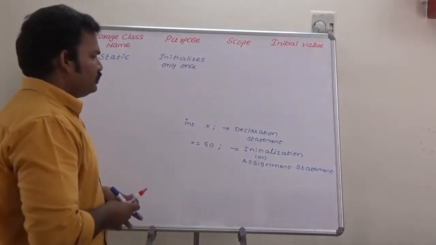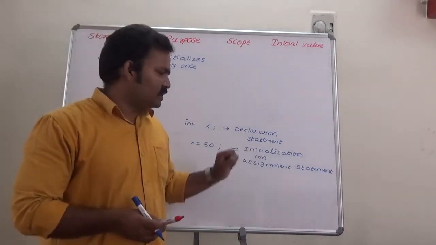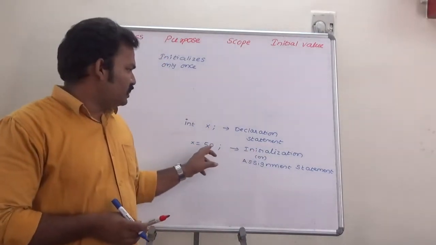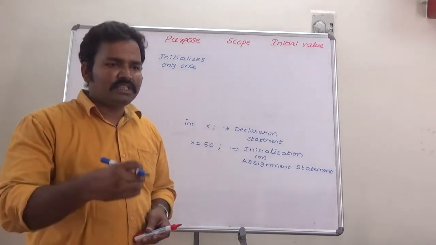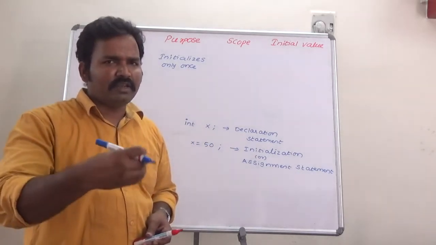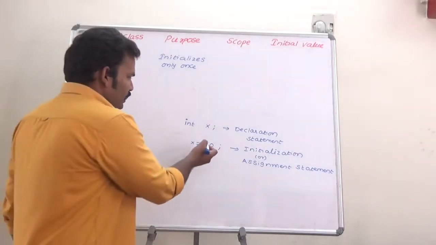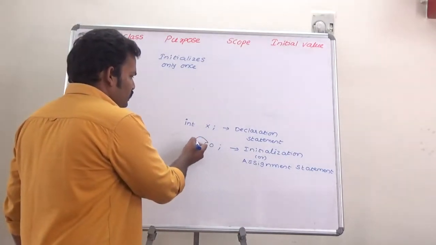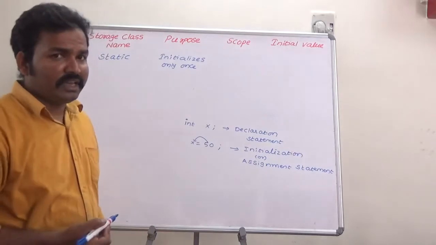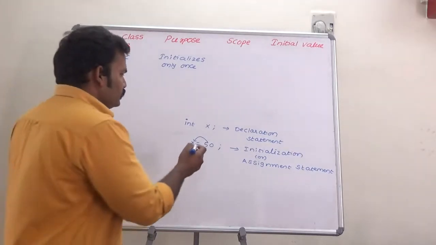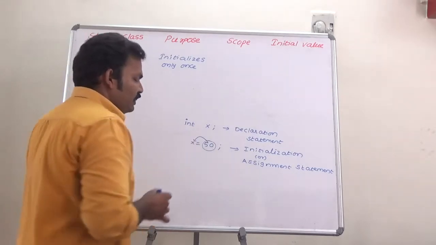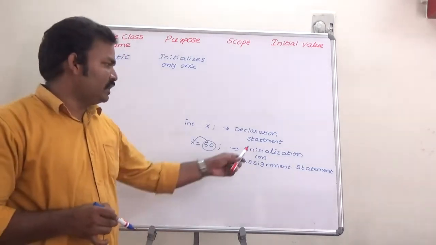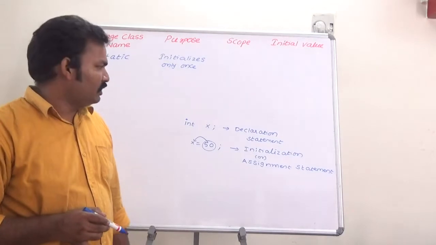Here, this is called initialization. Initialization is the process of giving an initial value, first value, or starting value to the variable. Here we are assigning 50 to the variable x.